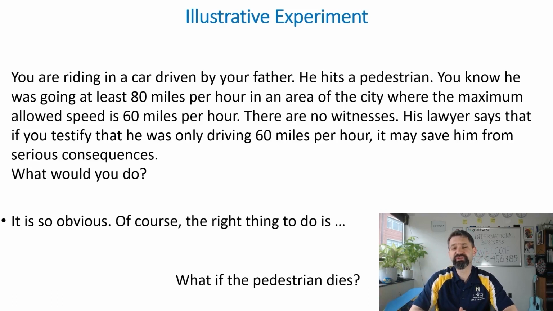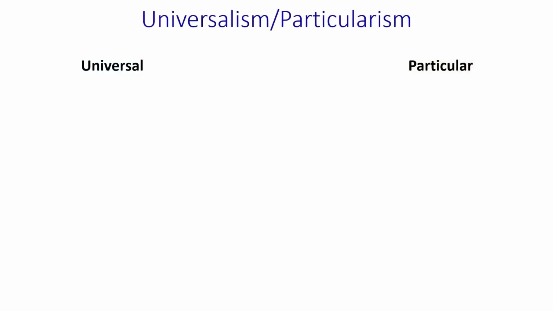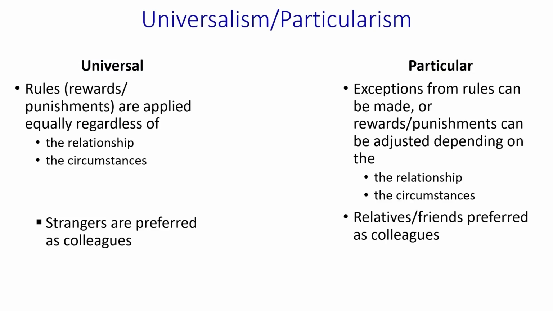When you make the conditions more serious, then even fewer people are willing to lie. They say, okay, well, now it's serious. I may have been willing to lie to help my father before, but if the pedestrian dies, that's actually a problem. And so now I'm not going to lie. And so that's the dimension that Trompenaars calls universalism, particularism.